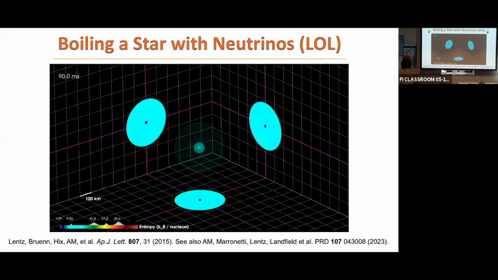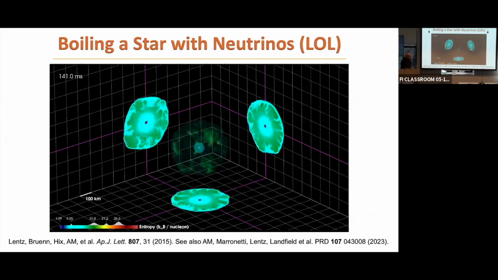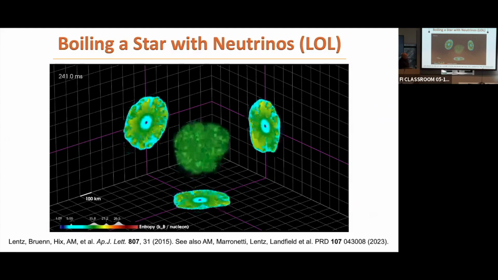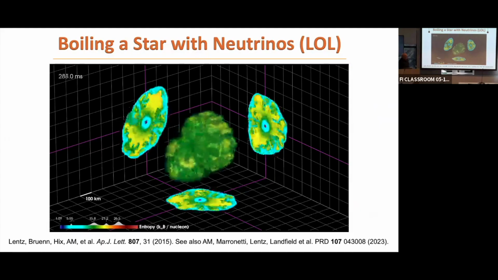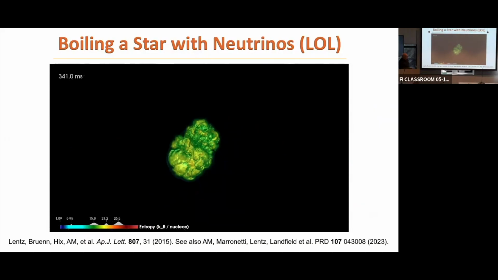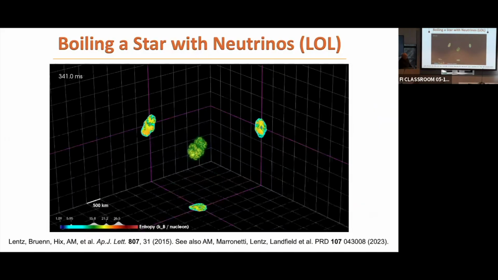So here's my supernova shock wave, the surface there. Oh, sorry, there it is. There's the neutrino-driven convection. You can see the SASI coming into play, distorting the shock wave. You'll see the spiraling mode very clearly in a little bit.